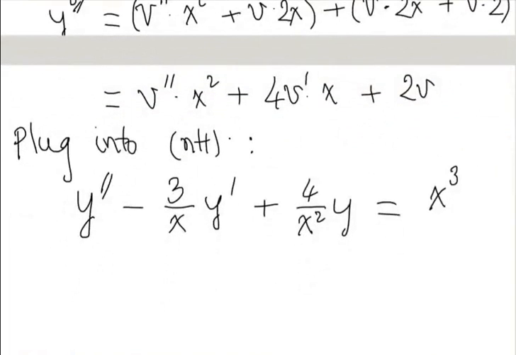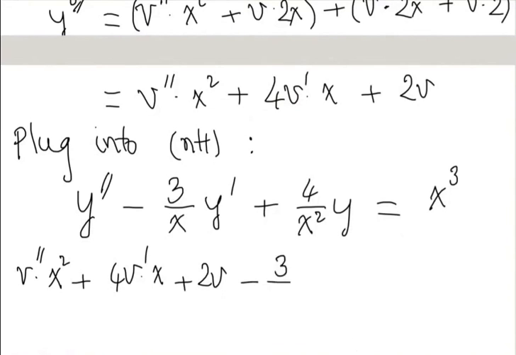So this will be a little bit messy here because the second derivative is complicated. It has 3 terms, but well, just plug in. We have v double prime times x squared plus 4v prime times x plus 2v. That's the second derivative.